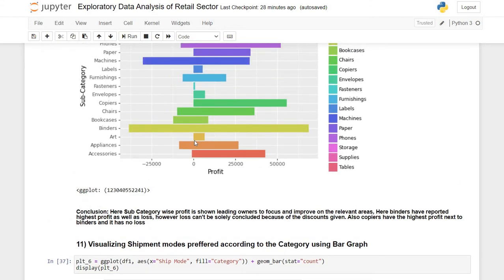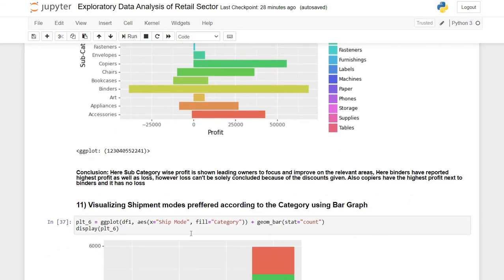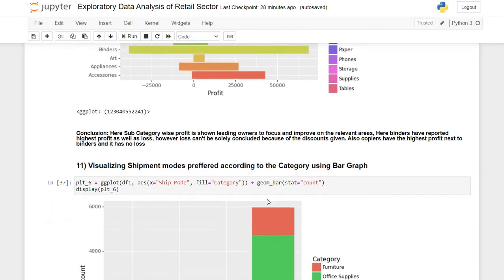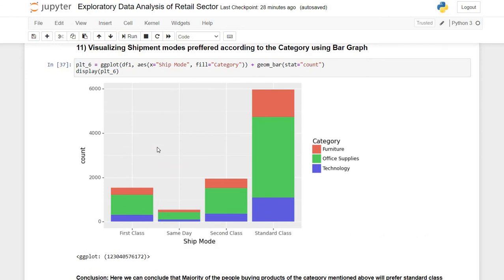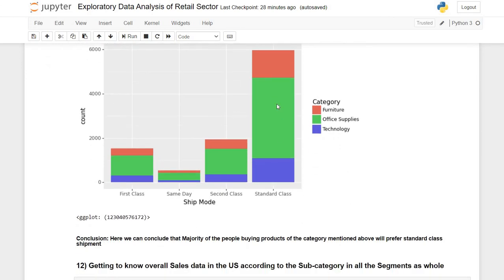Now we'll be visualizing the shipment modes preferred according to the category using a bar graph. We'll be using the plotnine library, a port of ggplot, where we will be plotting this bar graph and analyzing it. After analyzing, we can find out that the majority of people buying products in the categories above prefer standard class shipment.